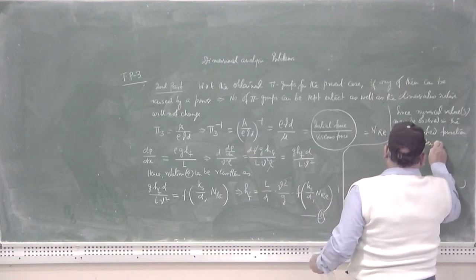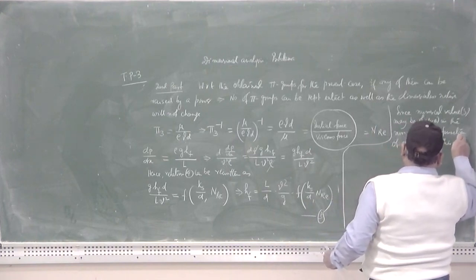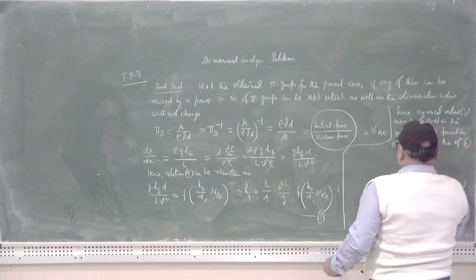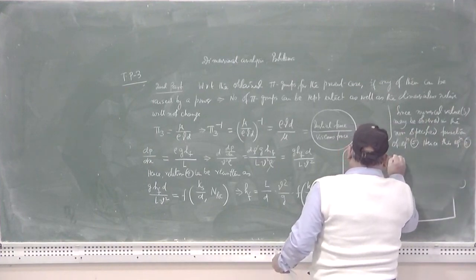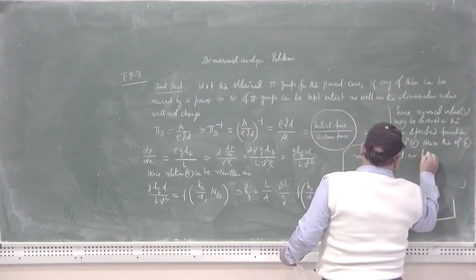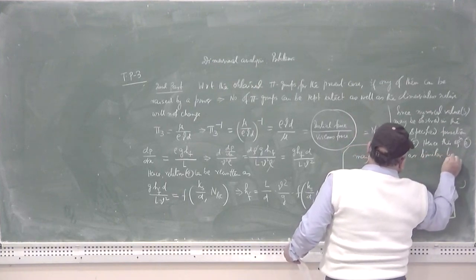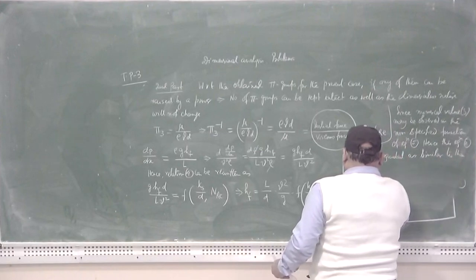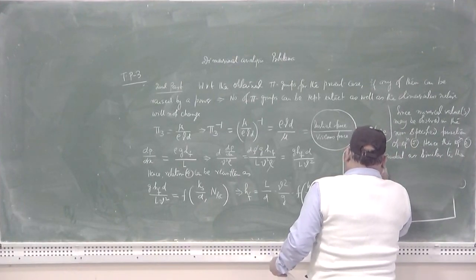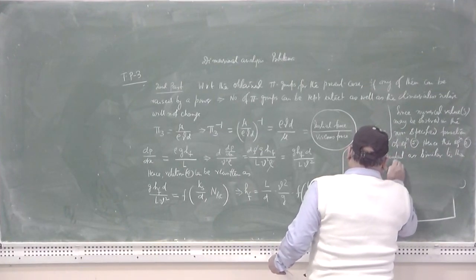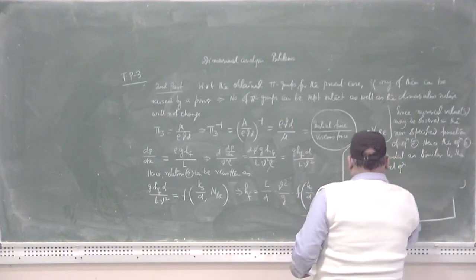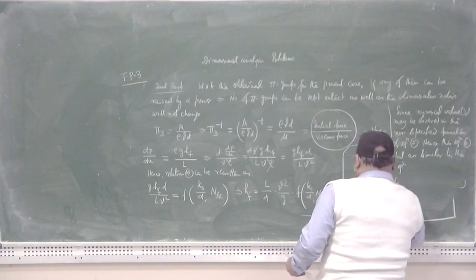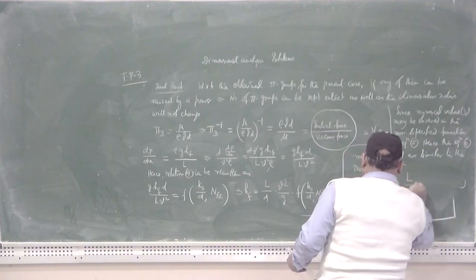hence, this equation 5 may be regarded as similar to the Darcy-Weisbach equation, hf is equal to f L by d into v square by 2g.